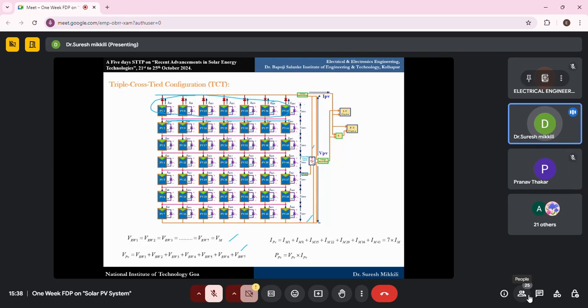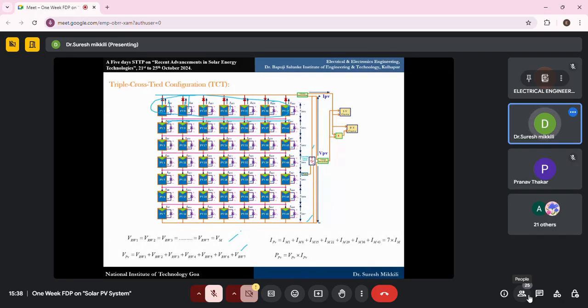The currents will be the module currents of the first one, 8, 15, 22, 29, 36 and 43. So here also we get 7 times Vm and 7 times Im. This is also used for medium voltage, medium current applications.